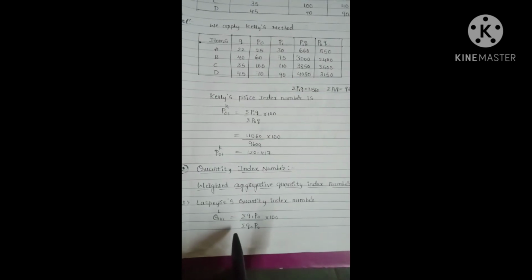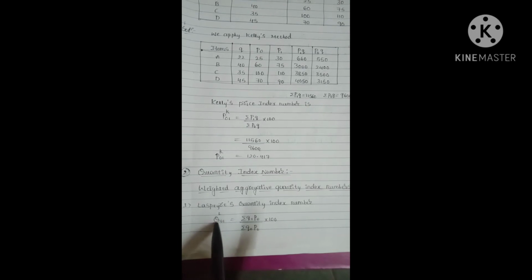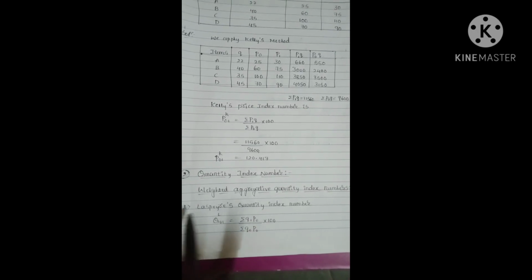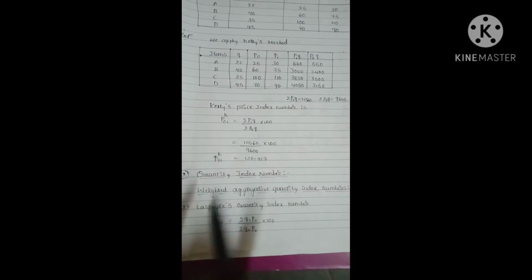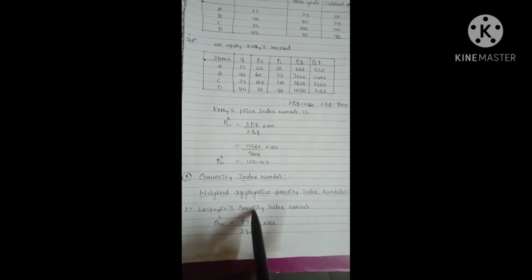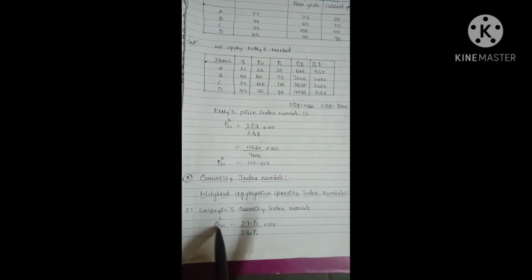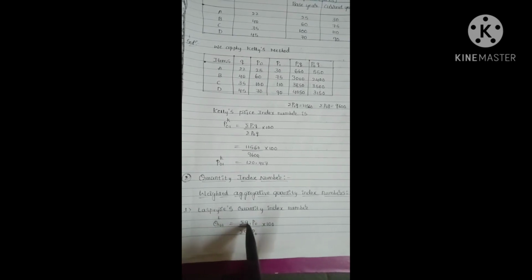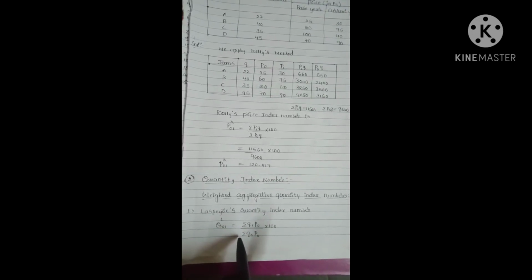What is the first method? Laspeyres's quantity index number. What is the formula here? It is denoted as Q01 of L. In the case of price, Laspeyres's price index number is defined as P01 of L. Here quantity is there, that's why we take Q. Q01 of L equal to summation of Q1 P0 divided by summation of Q0 into P0 into 100.